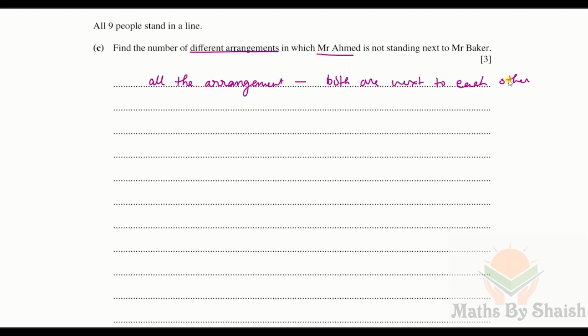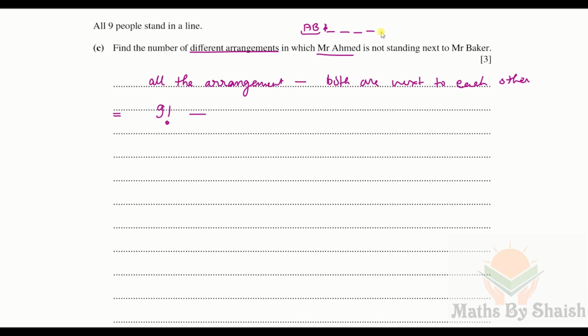So all arrangements, there are 9 people standing in a line, so of course we can arrange them in 9 factorial ways, minus if both are standing next to each other, it means we can take Mr. Ahmed and Mr. Baker as one person, one unit, and then Mrs. Ahmed and his 2 children, Mrs. Baker, then 3 children.